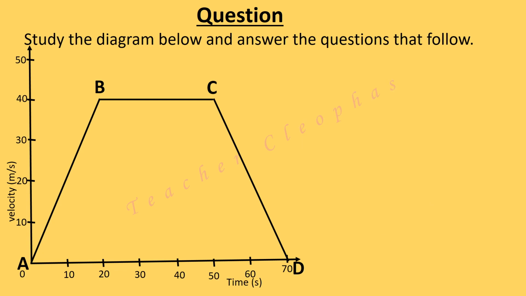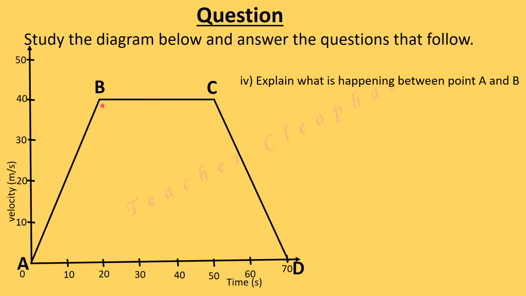Now the next question is question 4, whereby we are required to explain what is happening between point A and B. So let us identify the 2 points. Point A is here and point B is here. Clearly we can see that the velocity at point A is 0 meters per second, or the object represented is at rest.